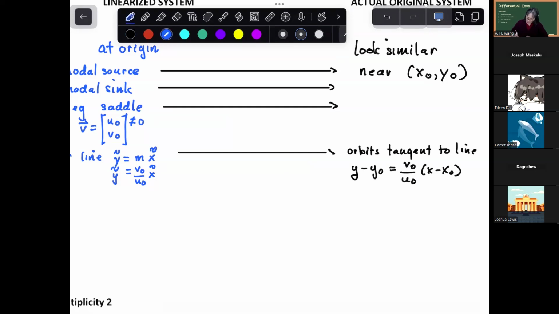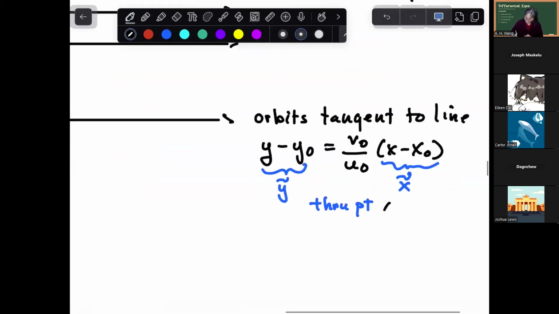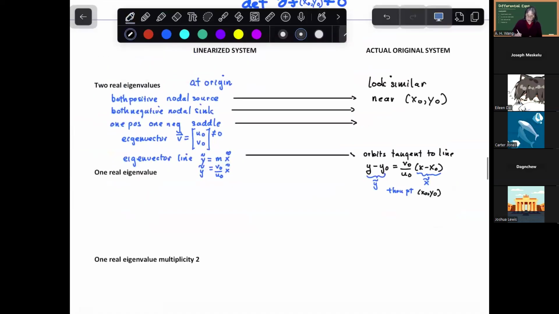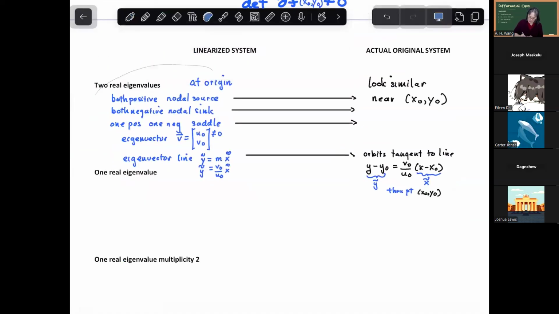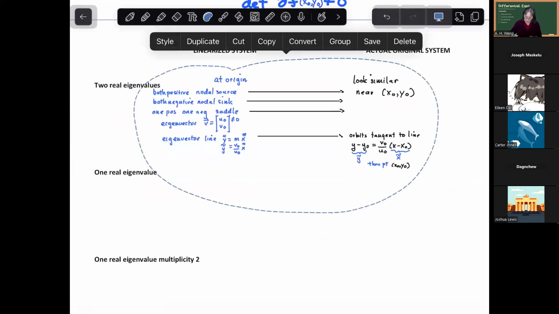Because this is the y tilde and this is the x tilde. So you're writing the same thing down, and this is going through the point x naught, y naught. That is how it works for two real eigenvalues.